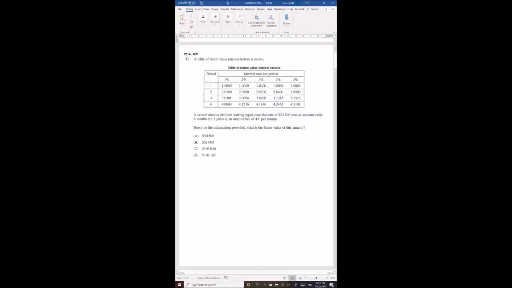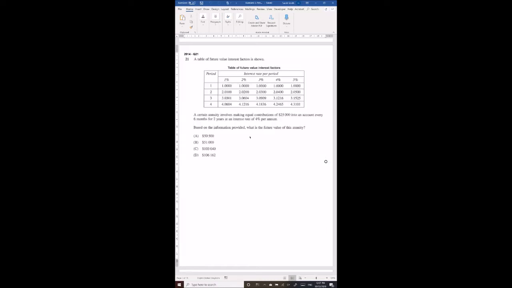Okay, our next question here, we have a table of future value interest factors as shown. So a certain annuity involves making equal contributions of $25,000 into an account every 6 months for 2 years at an interest rate of 4% per annum. Based on the information provided, what is the future value of this annuity? So to work this one out, again, we need to convert our rate and our number of time periods.